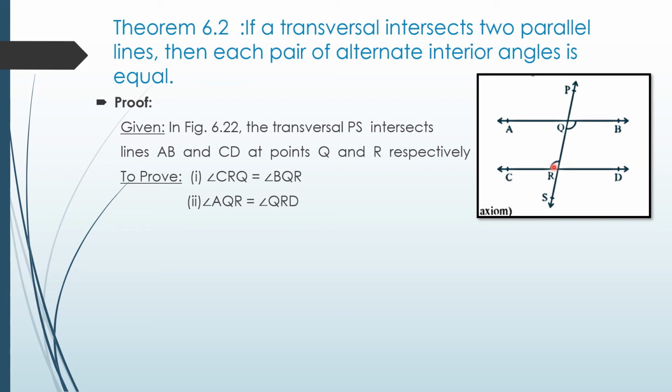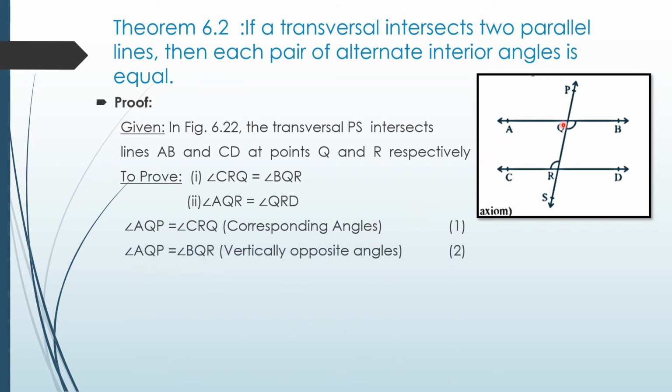So let's see how. First we take angle AQP and angle CRQ to be equal because they are corresponding angles. Also AQP is equal to BQR because they are vertically opposite angles. So now from 1 and 2 we can clearly see that angle CRQ would be equal to BQR, because AQP is on the LHS in both equations.